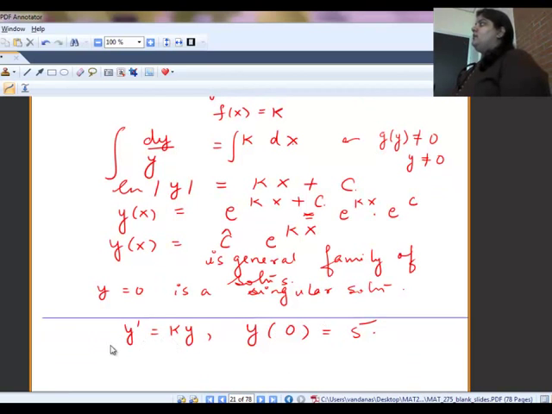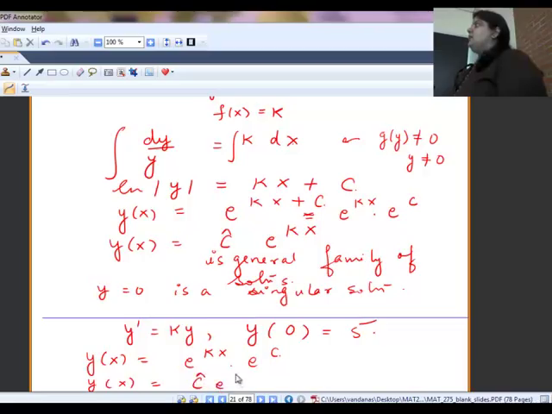I won't write down the information about derivatives. Now let's plug it in. If one of you obtains the form e to the power kx times e to the power c, and another one works with the form c hat e to the power kx, then y at 0 from the previous function, we will get what? e to the c will be equal to 5.